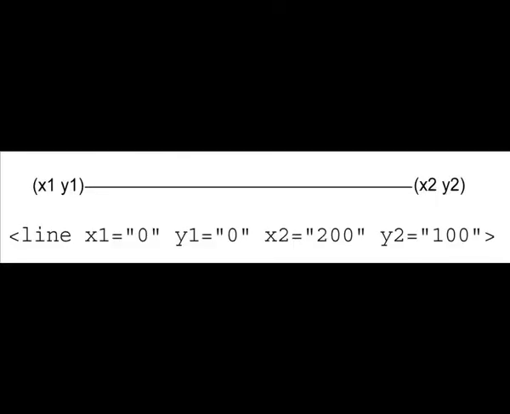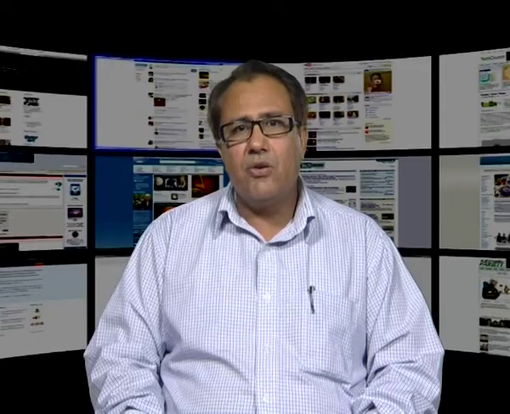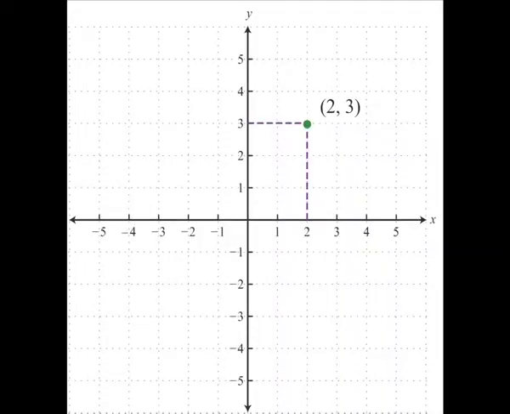A vector is a line that is described by the location of its two endpoints. Vector drawing uses Cartesian coordinates, where a pair of numbers describe a point in two-dimensional space as the intersection of horizontal and vertical lines, that is the x and y axis.